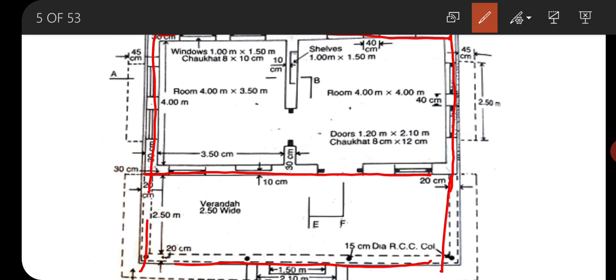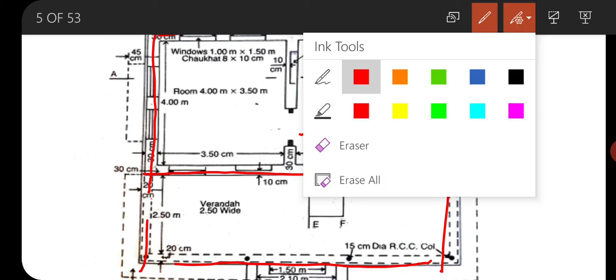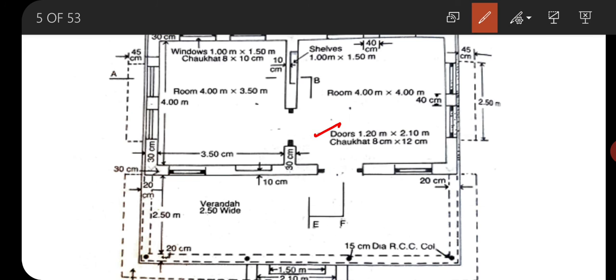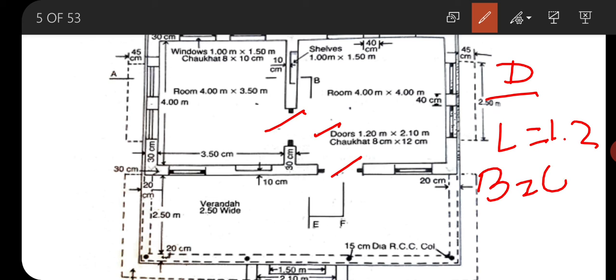In the plan you can see it is given as door of dimension 1.2 meter by 2.1 meter. And there are 2 numbers of door of same dimension. So we will deduct, length will become 1.2, breadth will become 0.4.